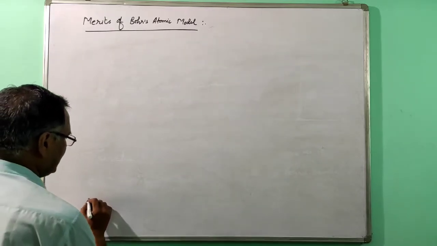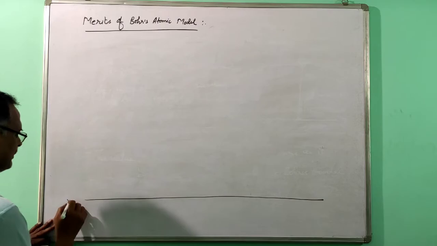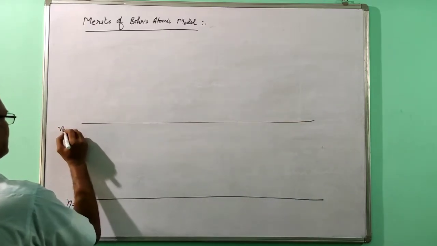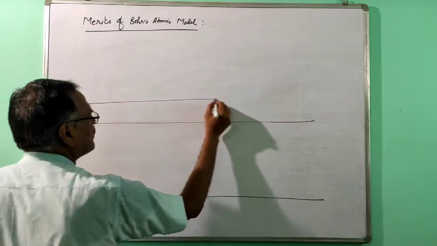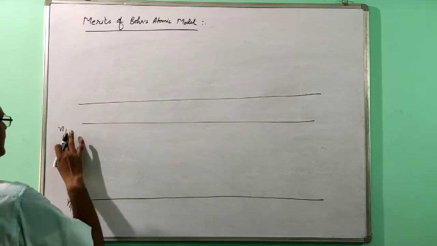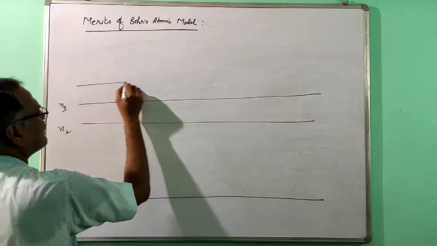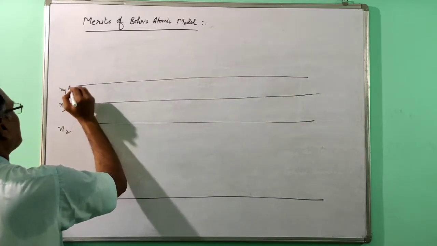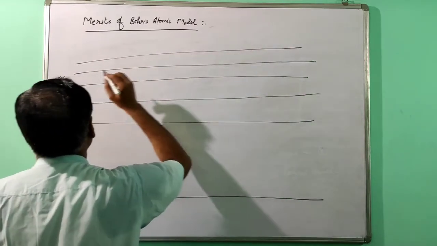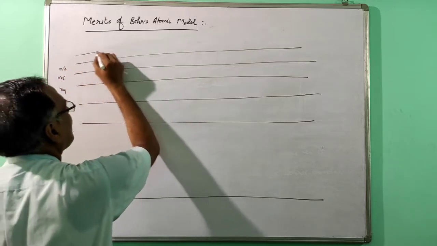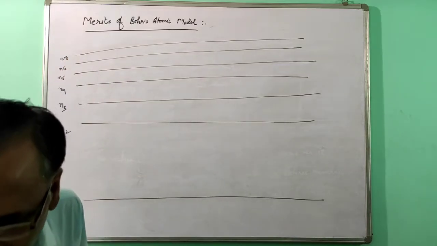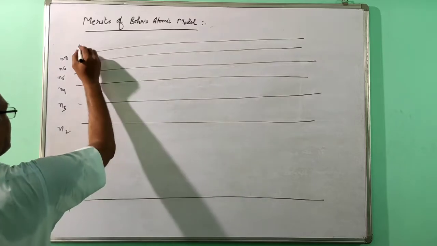Here n is 1, then n is 2, and you can write n1, n2, n3, n4, n5, n6, n7, like that. You can take that up to infinity.